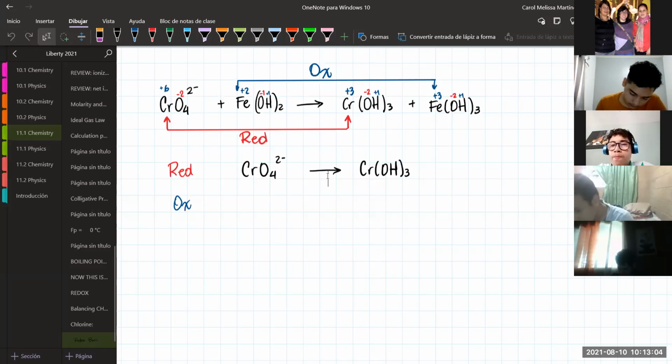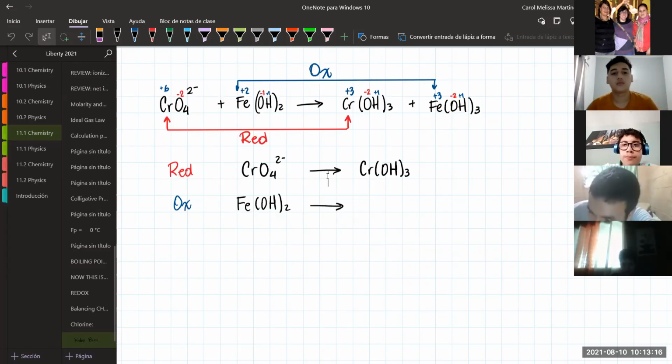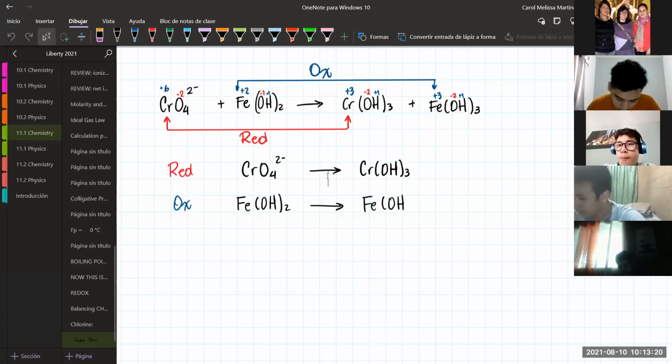The oxidation occurs between iron 2 hydroxide and this is producing iron 3 hydroxide. These are my half reactions, but they are incomplete.